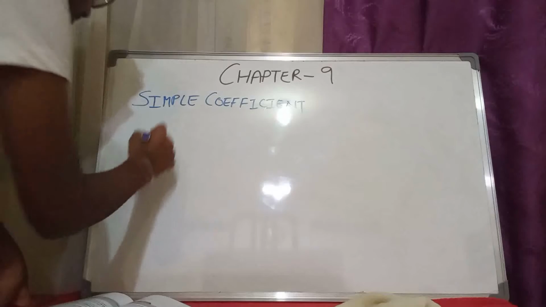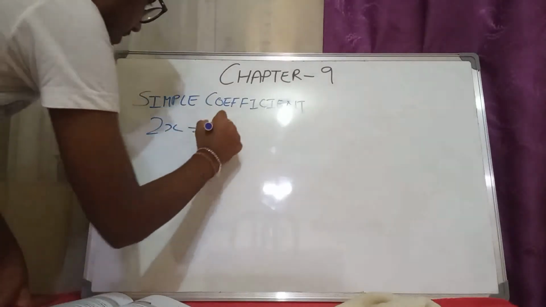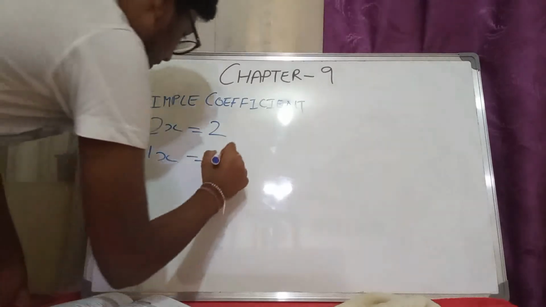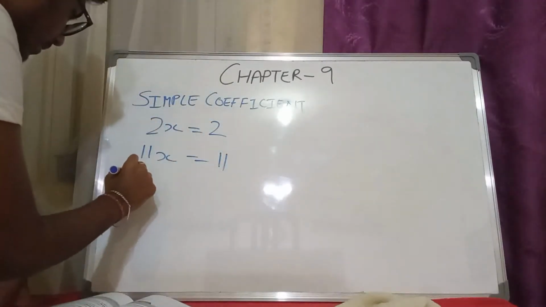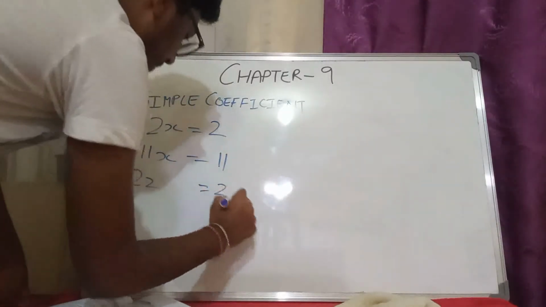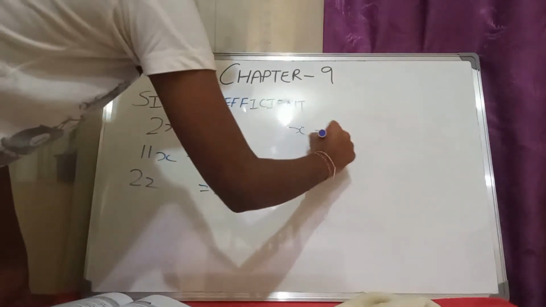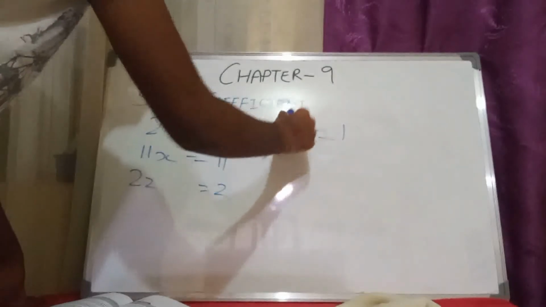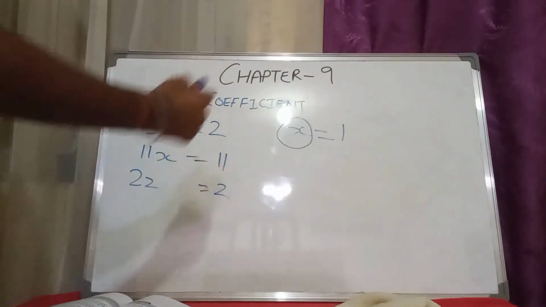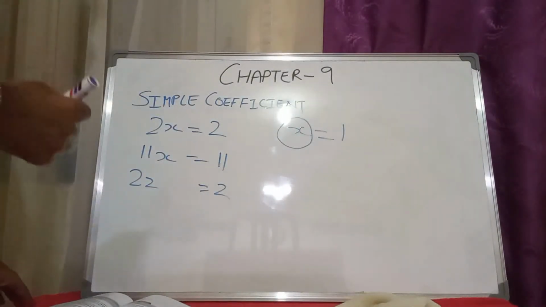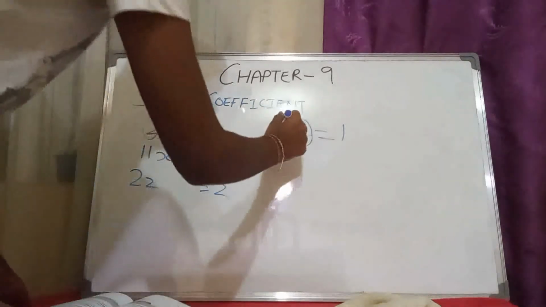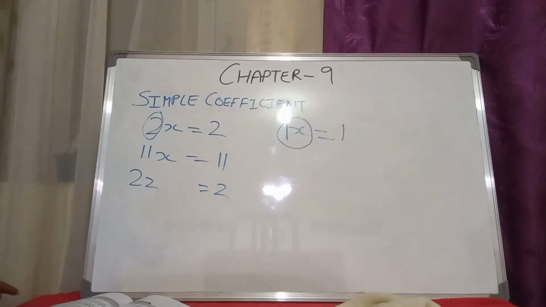For example, for 2x the coefficient will be 2. If it's 11x, it will be 11. If it's 2z, it will be 2. And if it's simply x, that means it's 1. Every algebraic term has a numerical coefficient. It will be accompanied by a number, or if it's single, that means it has 1 with it. This is the normal basics.